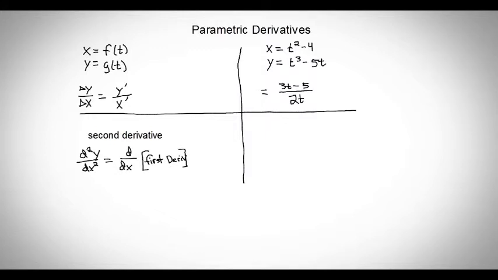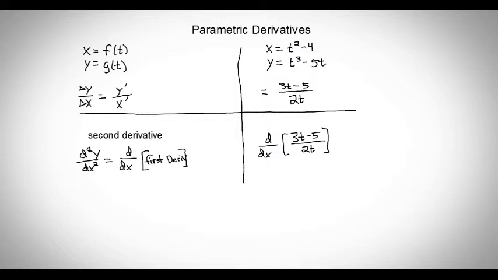Okay? That's all it is. And so with our numbers, we have to take the derivative with respect to x of (3t squared minus 5) over 2t. Right there. And so that's what we're going to have to do.